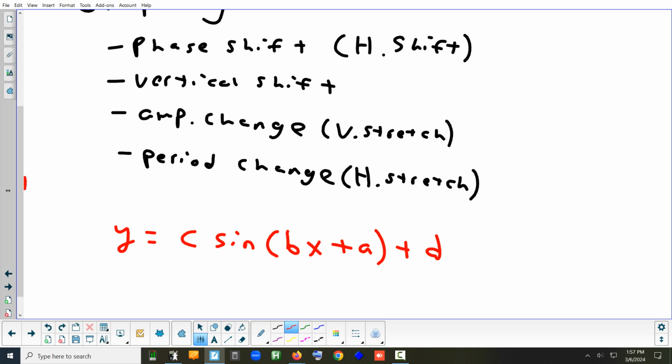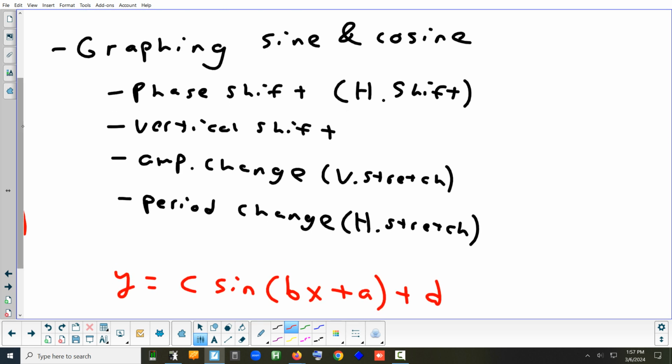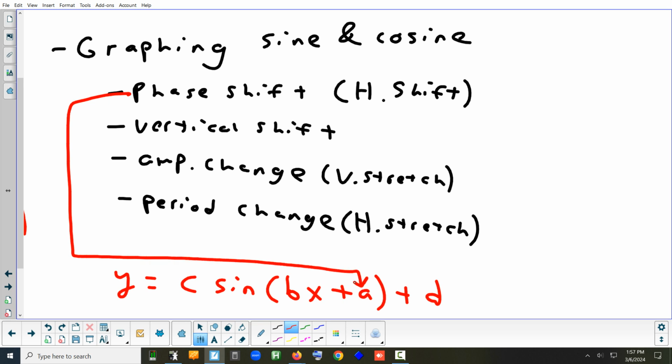Okay, let's start with A. Which transformation here is A? That's a phase shift. Okay, so that one's A. How about the vertical shift? Which one is that?